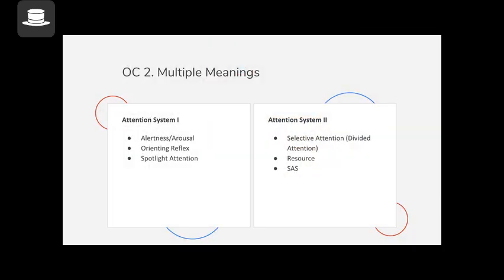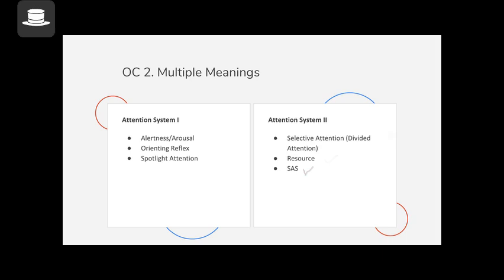And we have categorized those several things into two categories. So the six meanings of attention are alertness, orienting reflex, spotlight attention, selective attention, attention as a resource, and supervisory attentional system. All these things are different meanings the word attention carries.